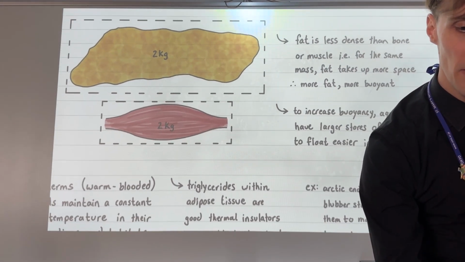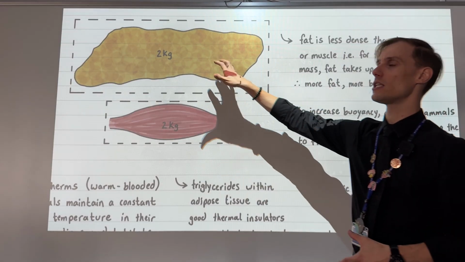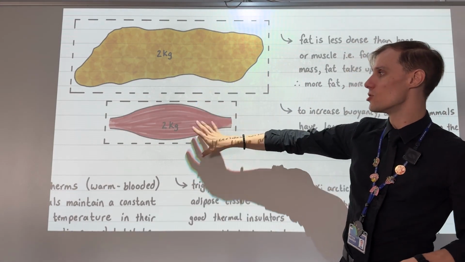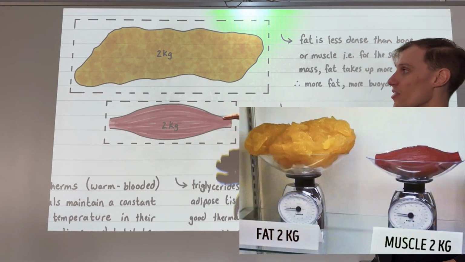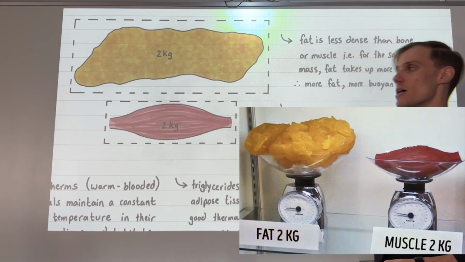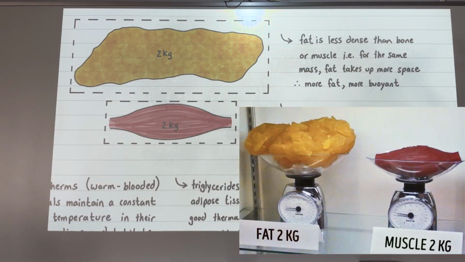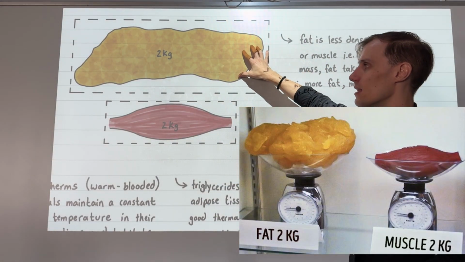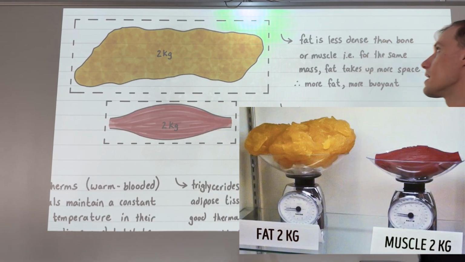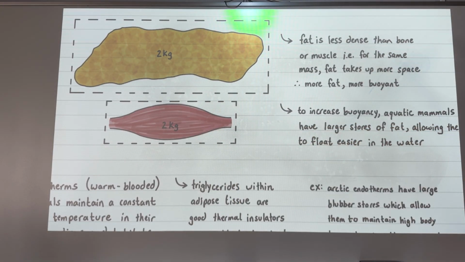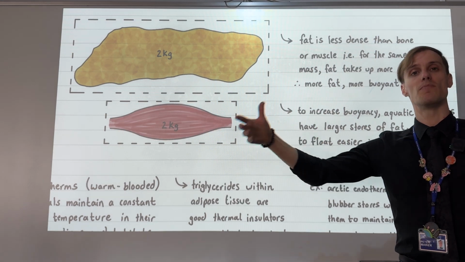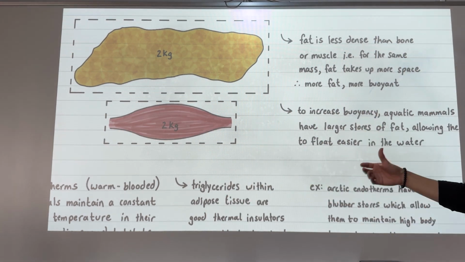Well, if we compare, let's say 2 kilograms of fat versus 2 kilograms of muscle, these have the same mass, but notice their relative density. Fat is significantly less dense than, let's say, muscles are. And so for the same amount of each, fat is going to take up more space, thus be less dense.